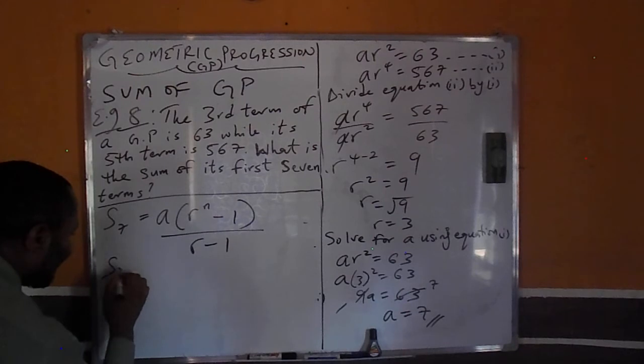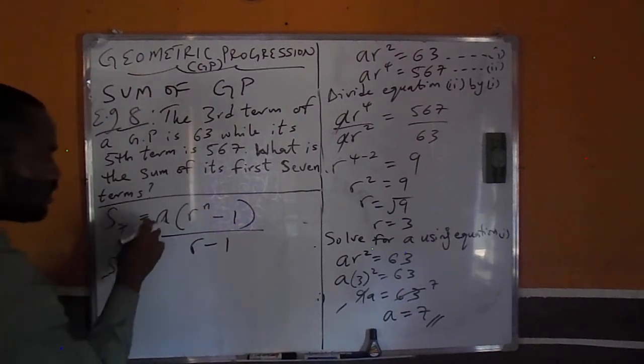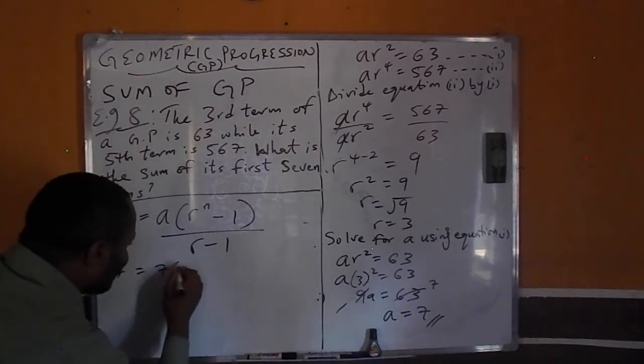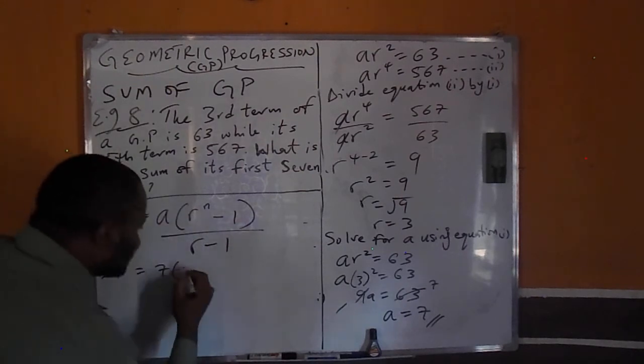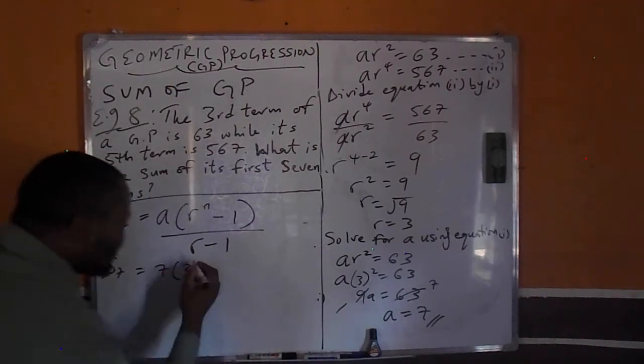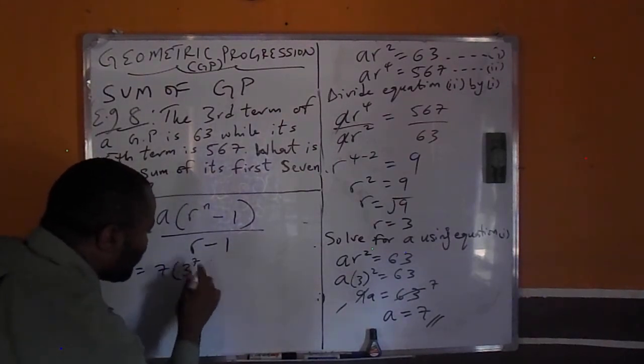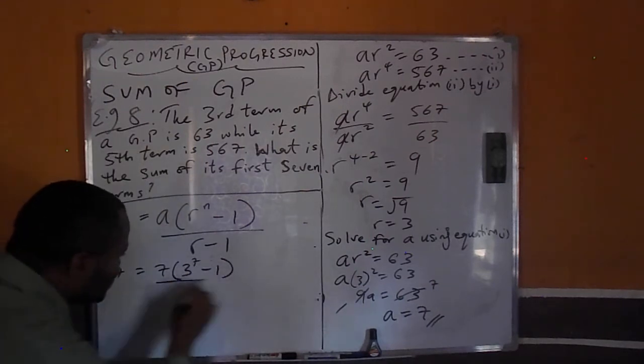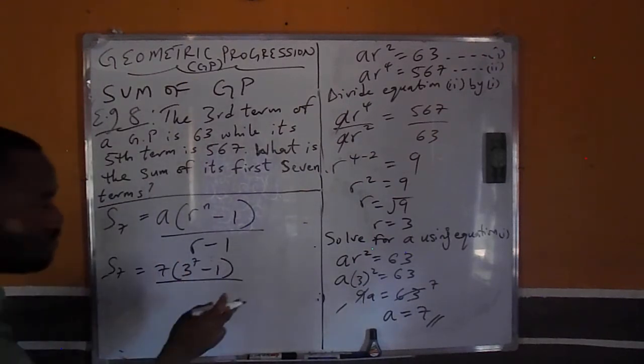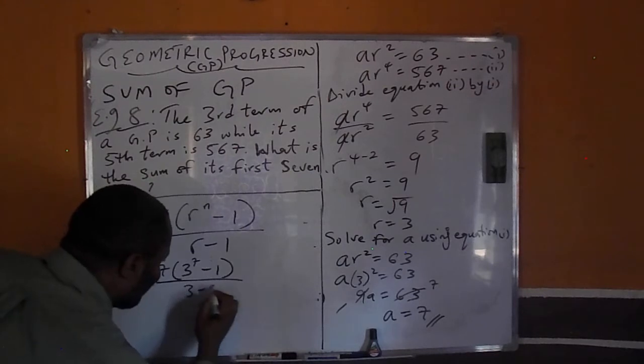So our S7, 7 terms, equals A, which is 7, in bracket our R, which is 3, raised to n, which is 7, minus 1 bracket close divided by R, which is 3 minus 1.